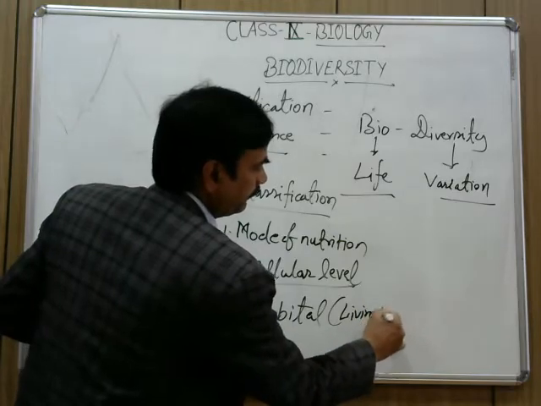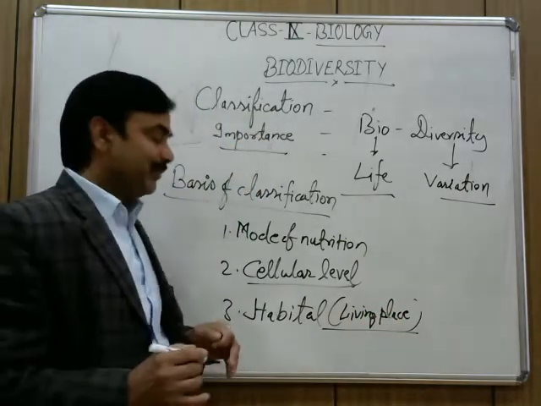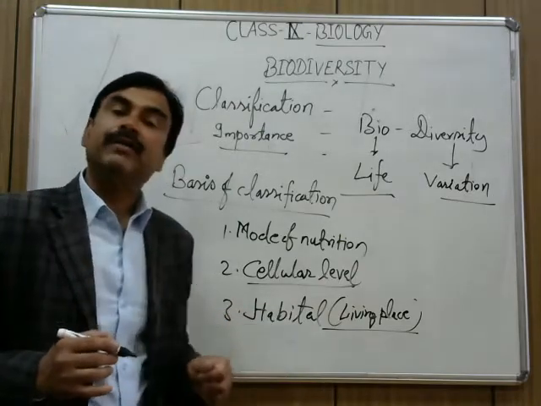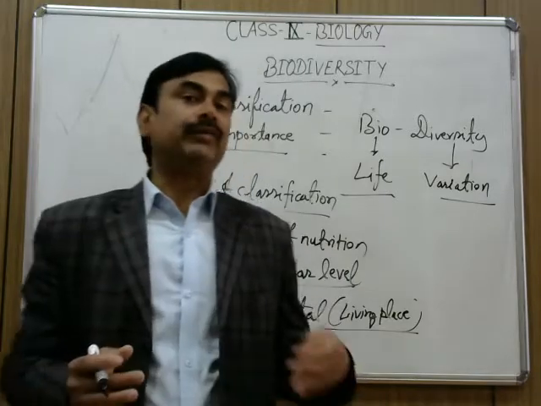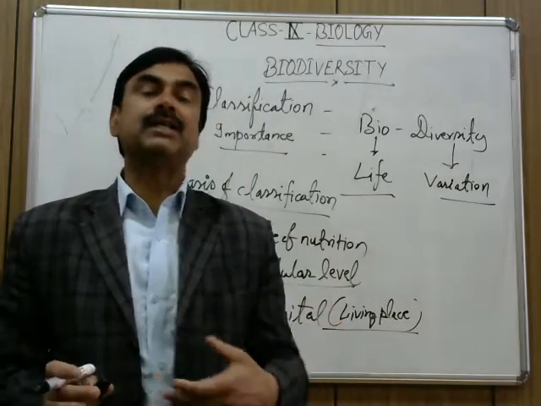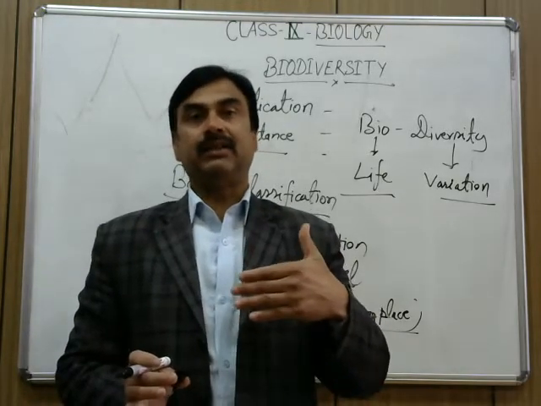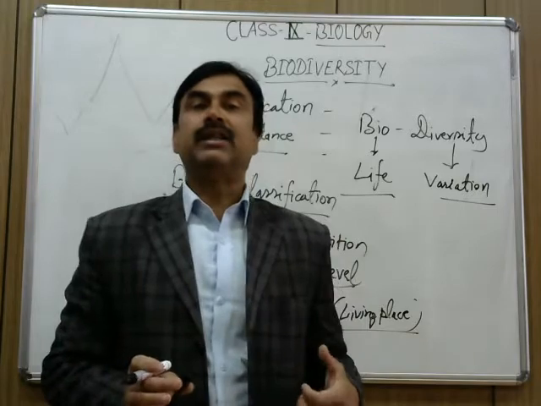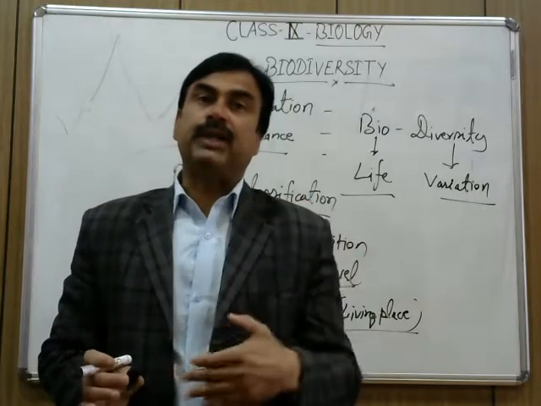Living place. So habitat means the living place where they are present. They may be aquatic. If they are present in the water, they are called aquatic plants and animals. And if they are present in the dry area, in the dry conditions, they will be known as xerophytic plants.